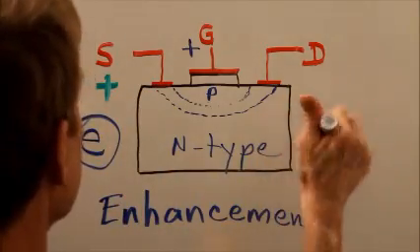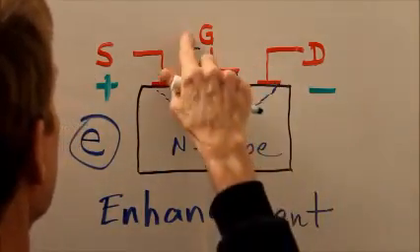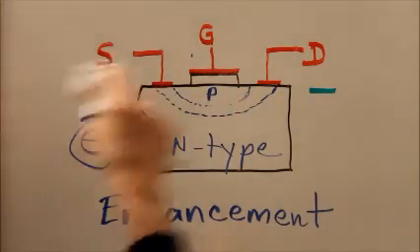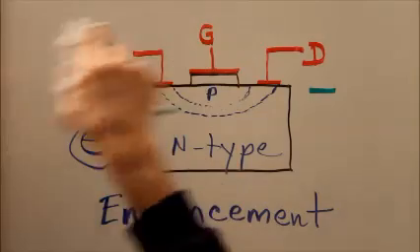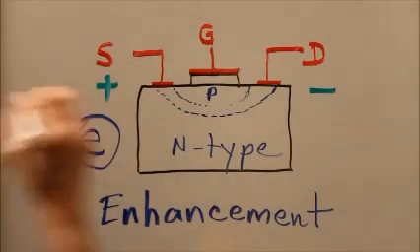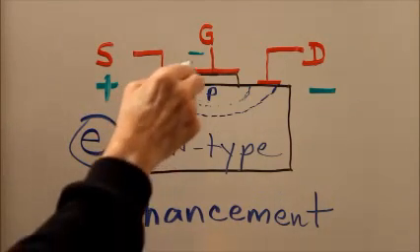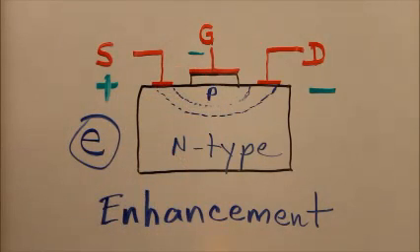All of these polarities would be reversed. But otherwise, the principle is exactly the same. We would then have to apply a negative bias to cause a P-type channel to form. That is how a P-type enhancement mode device works.